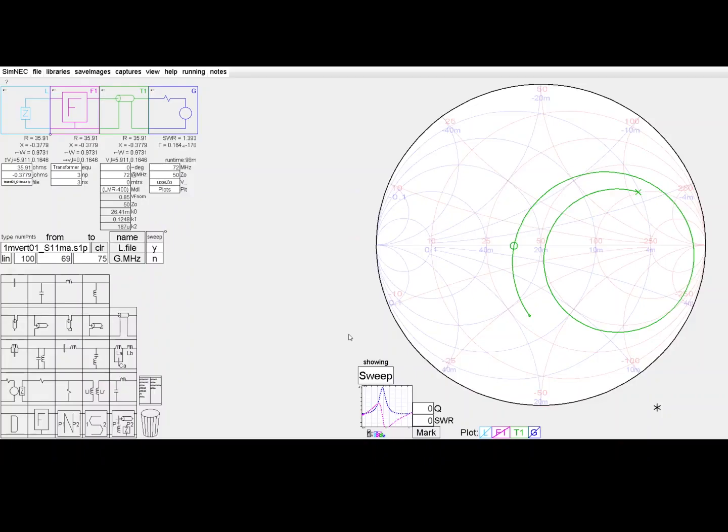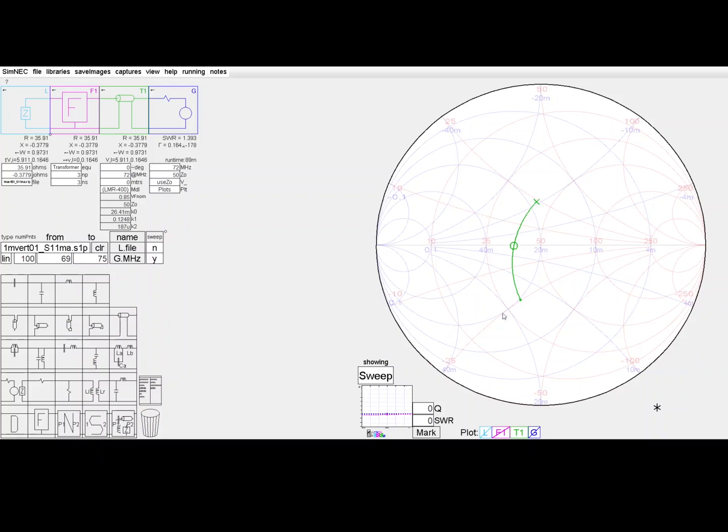So we've seen the sweep from 60 odd to 220 megs of this 1 metre vertical, and it's shown there in that circular plot. Let's focus in on a smaller part around the first series resonance.